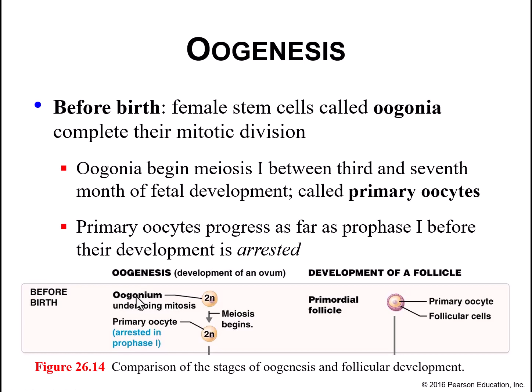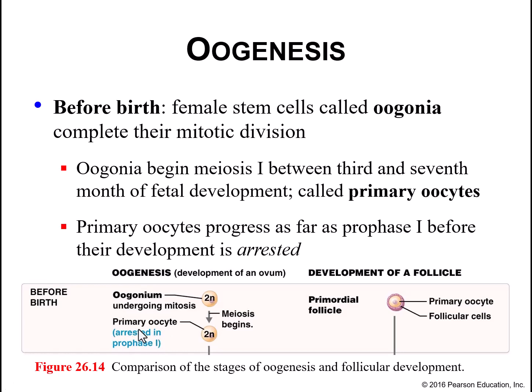The oogonia begins meiosis in the 3rd to 7th month of fetal development. So it undergoes its first round of division and becomes a primary oocyte within that 3rd to 7th month of fetal development. At this point, when it is a primary oocyte, it is arrested in prophase 1.